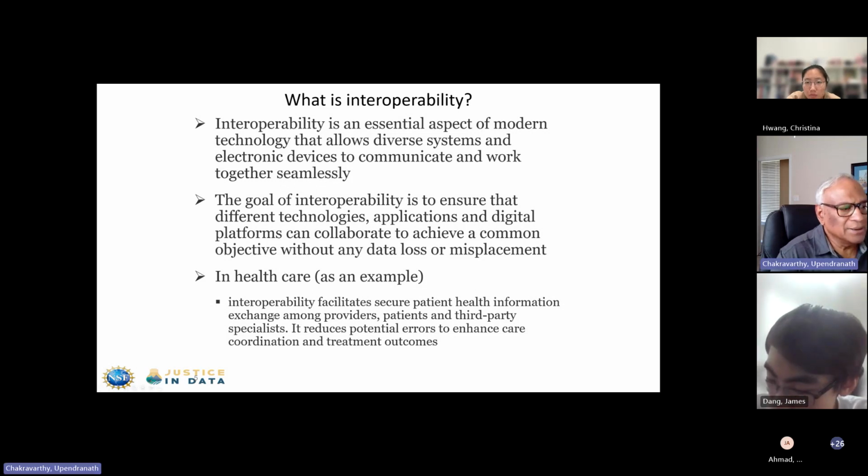In healthcare, you can visualize this very clearly, because for a single individual you have so many different types of data generated. You go to your doctor, you have pathology, x-rays, EKGs, MRI, and various other procedures that are done.